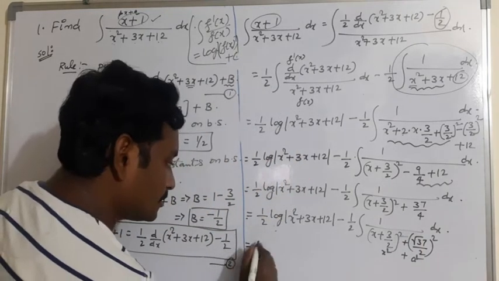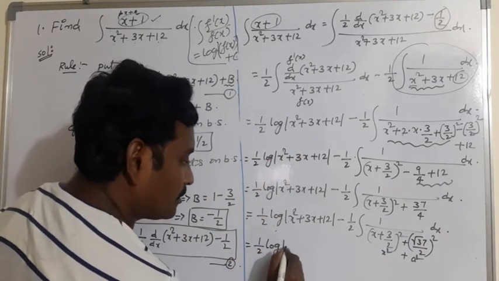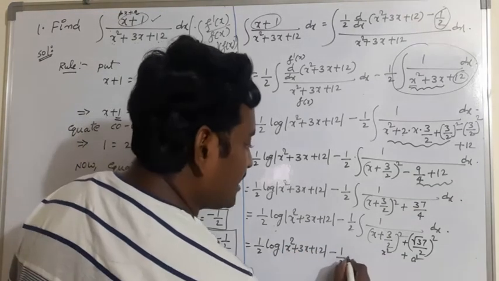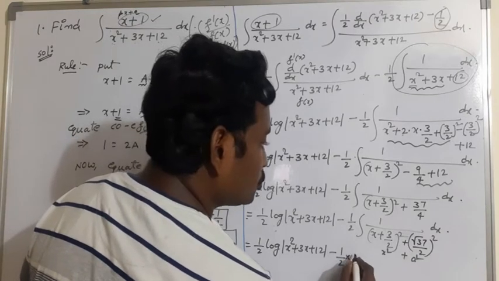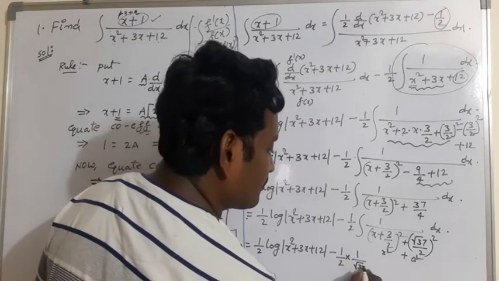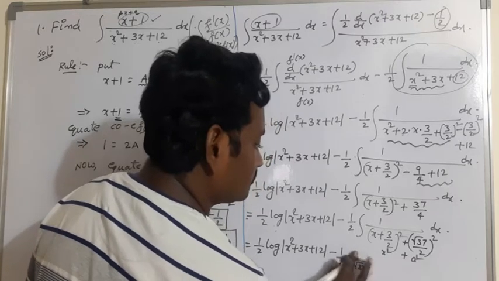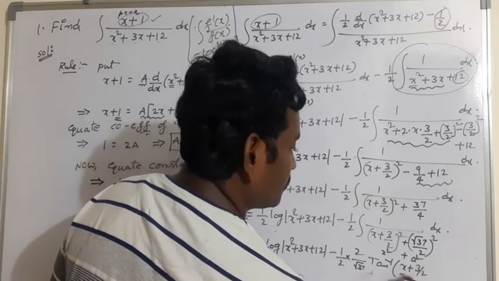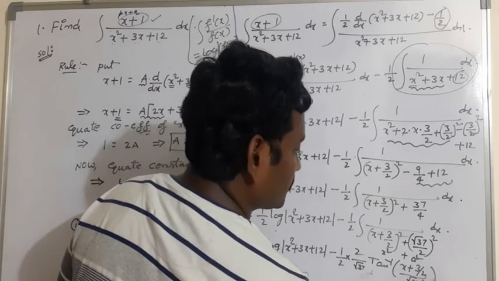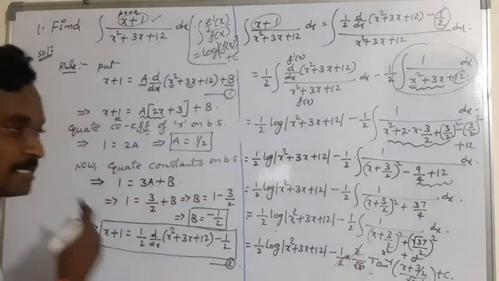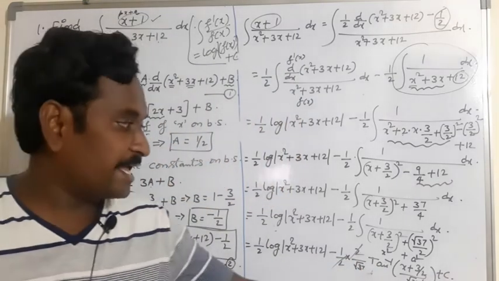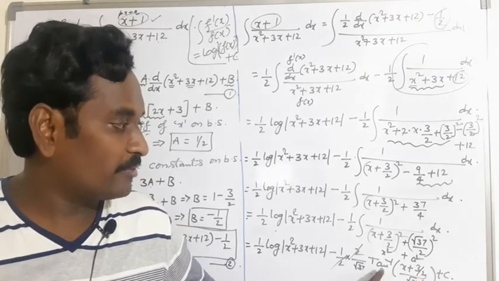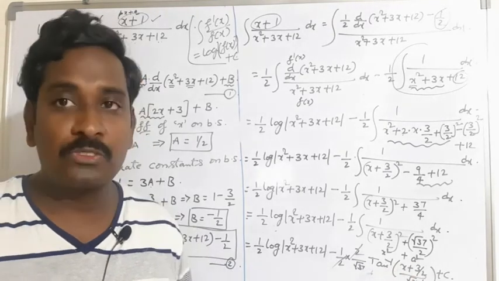The first part is the similar part, half into log of mod x square plus 3x plus 12 minus 1 by a. 1 by a means 2 by root 37, into tan inverse of x by a, x plus 3 by 2 over root 37 by 2, plus c. This 2 gets cancelled, and it is enough to take the LCM in the angle and cancel the denominators 2. So you will get tan inverse of 2x plus 3 by root 37 here.